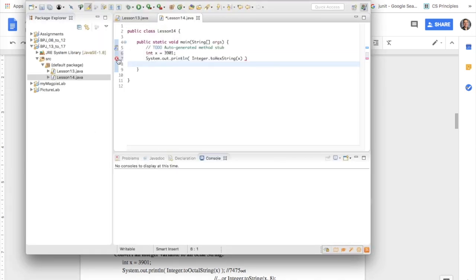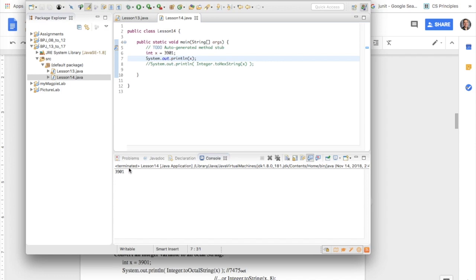So x is our integer, and we need to add a semicolon at the end so that statement will work. If I just did System.out.println and I do x, we can see that our number prints out as 300901 like we would expect. If I add in the toHexString and I print that out, FCD would be the hex string.